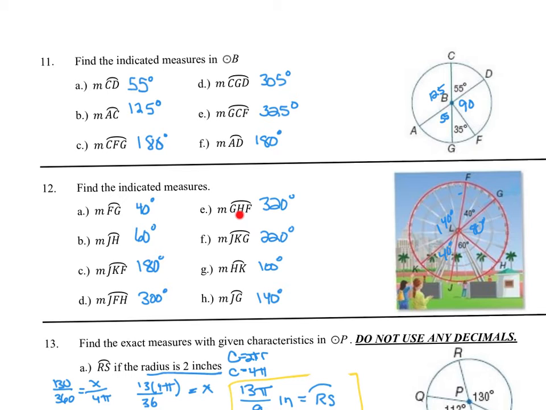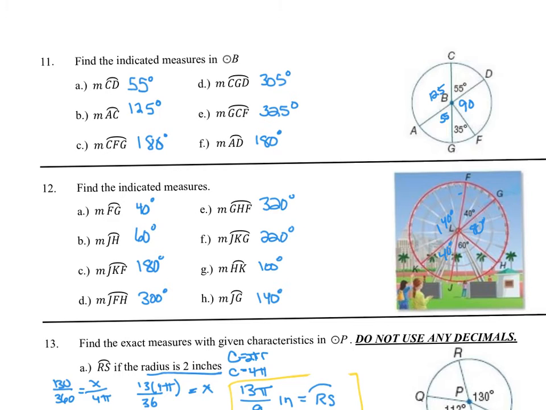The next one is arc GHF. If we look at that, that is going to be from G to H to F, which is everything except this 40 degrees. So 360 minus 40 is going to give us 320. If we look at JKG, that is going to be our 180 plus our 40, so it's going to be 220.